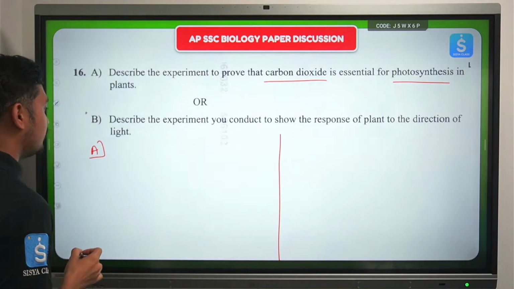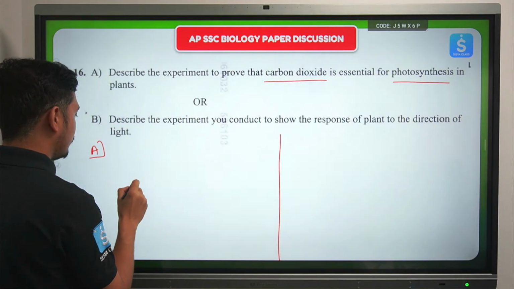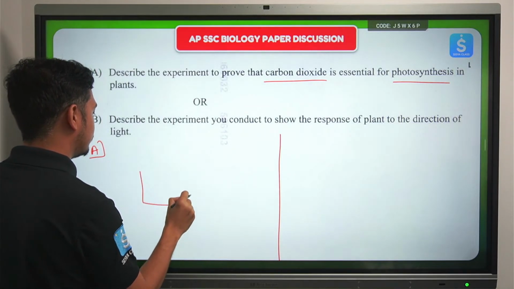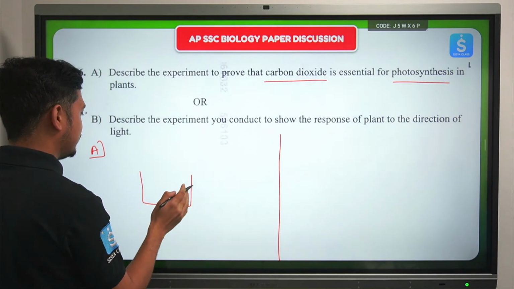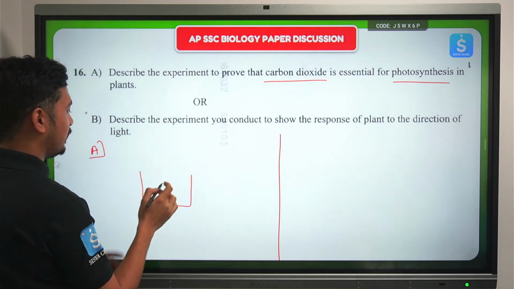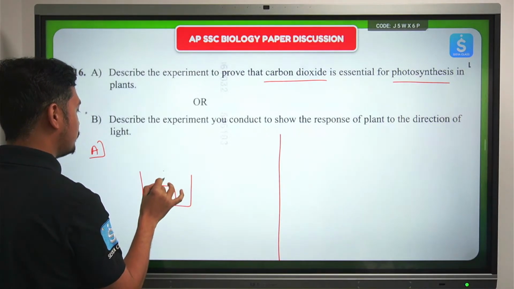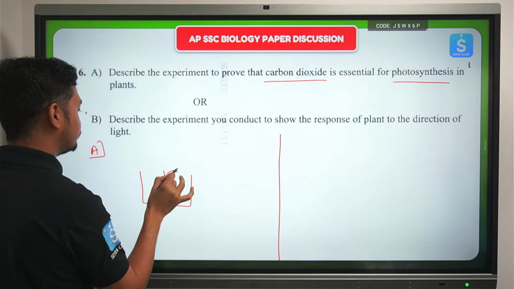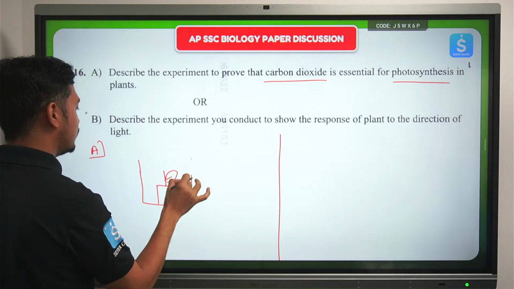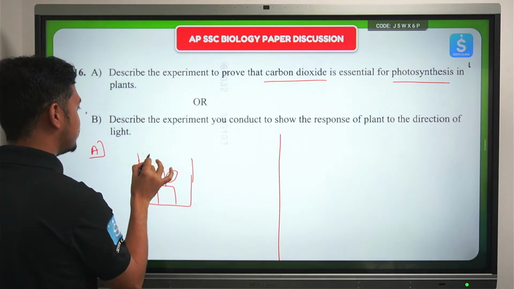In that case, we will take one potted plant. Let's say we have a transparent container, and inside that transparent container I have a potted plant, like this, and this transparent container is sealed.